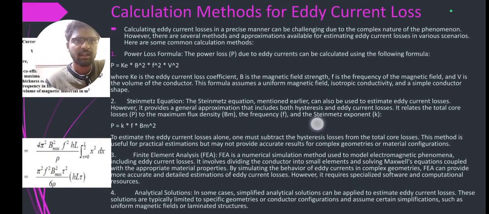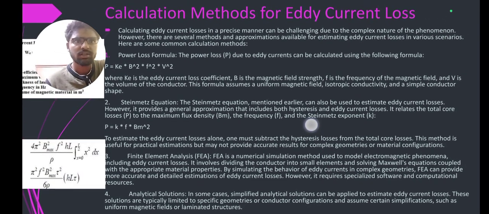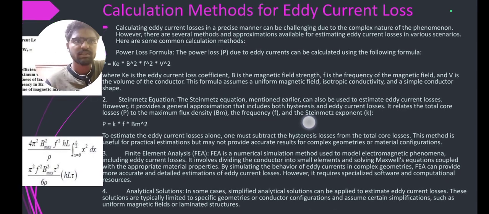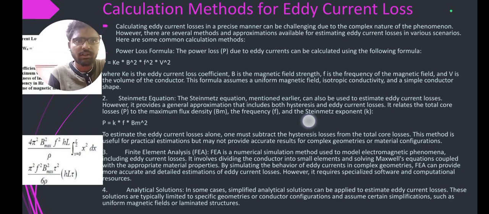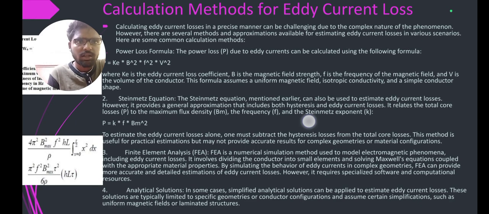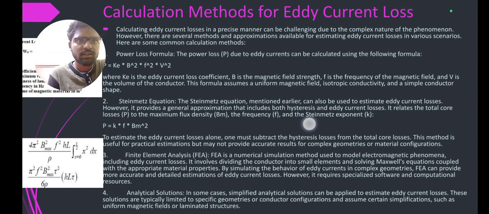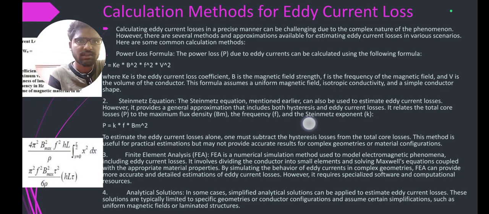Calculating eddy current losses in a precise manner can be challenging due to the complex nature of the phenomenon. However, there are several methods and approximations available for estimating eddy current losses in various scenarios.